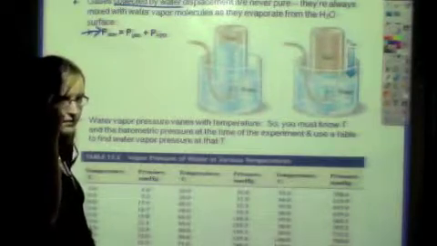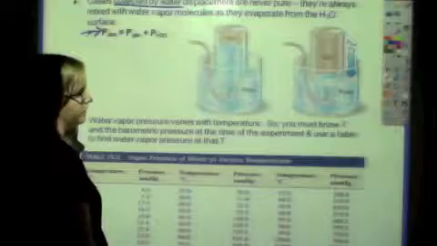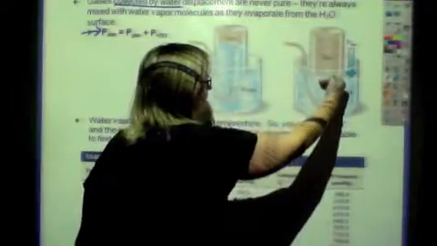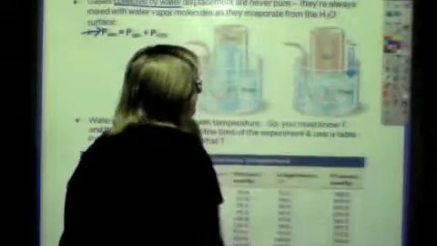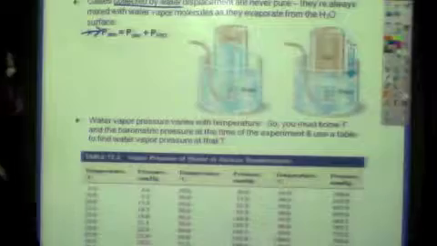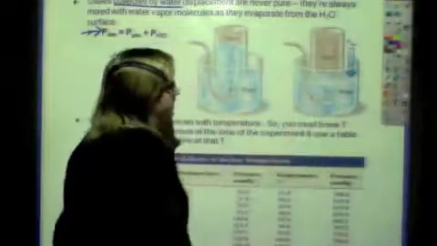The bubbles should tell you that gas is being formed. And as the gas goes inside the container, it is pushing the water down. This is called water displacement. You're collecting gas using water displacement, so you're able to see how much gas is being collected.